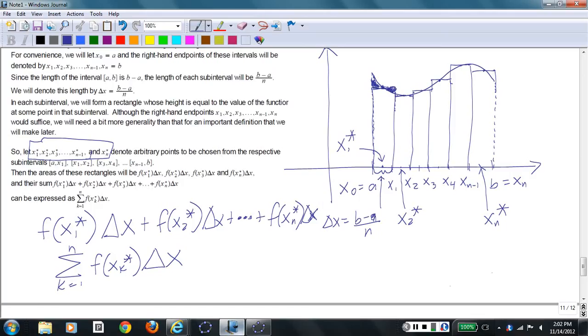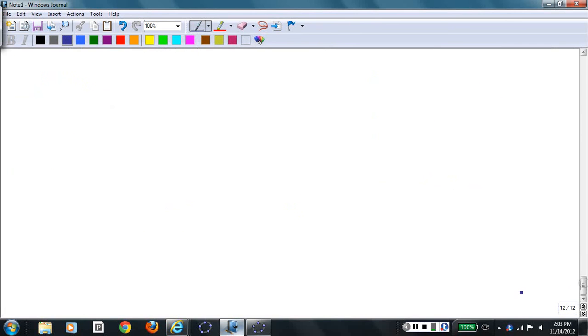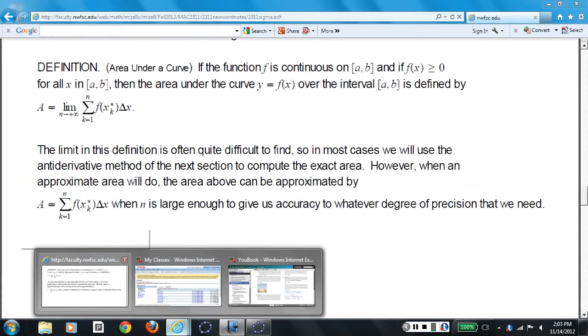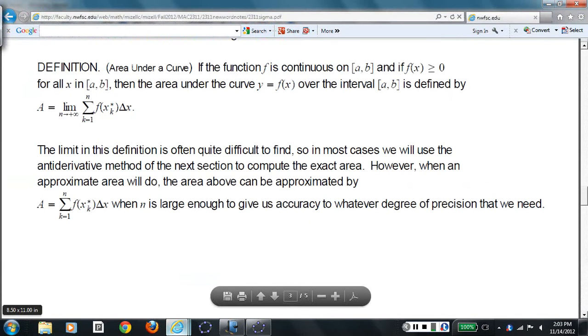It turns out that if we evaluate the limit of this expression, if it exists, as n approaches infinity, if it's a continuous function, then this will actually be what we can define to be the area underneath the curve. Let's look at the definition.